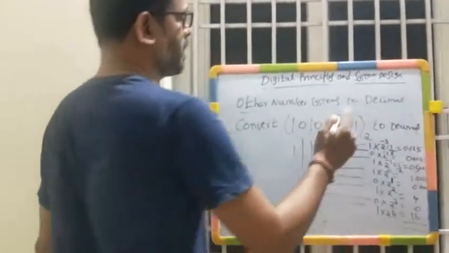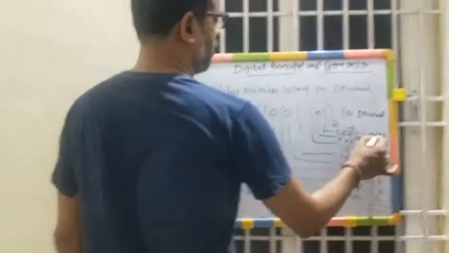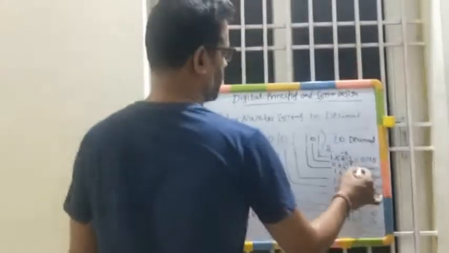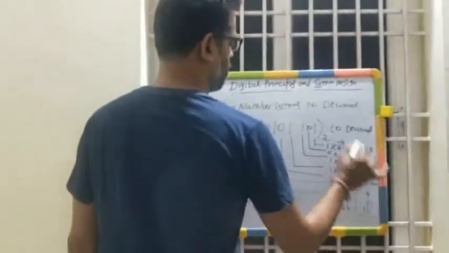Once again I will repeat it. This is 1 into 2 power minus 3, which is nothing but 1 by 8, that is equal to 0.125. 0 into 2 power minus 2 is 0, and 1 into 2 power minus 1 is nothing but 1 by 2, that is equal to 0.5.